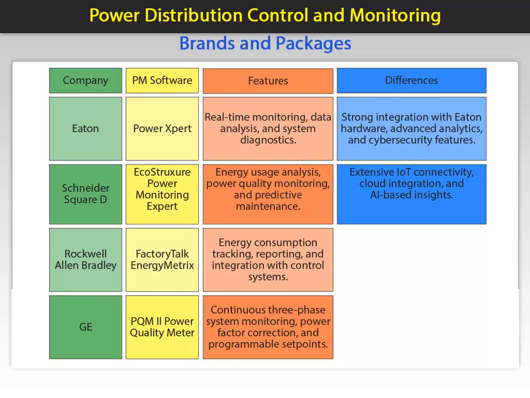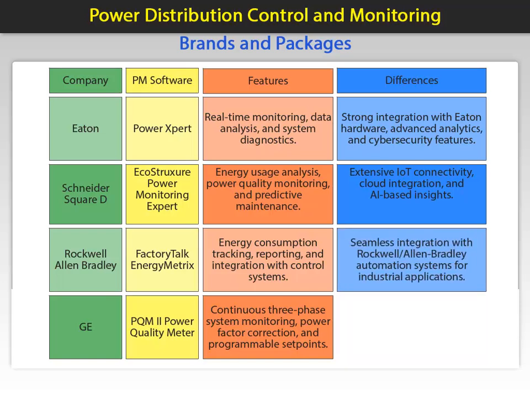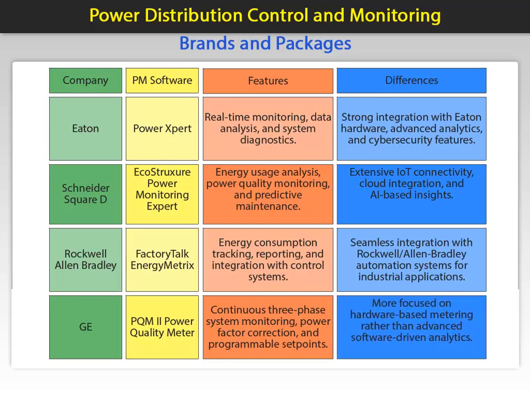They also are very good at cloud integration and AI-based insights. Allen Bradley offers seamless integration with Rockwell Allen Bradley automation systems for industrial applications. GE is more focused on hardware-based metering rather than advanced software-driven analytics.